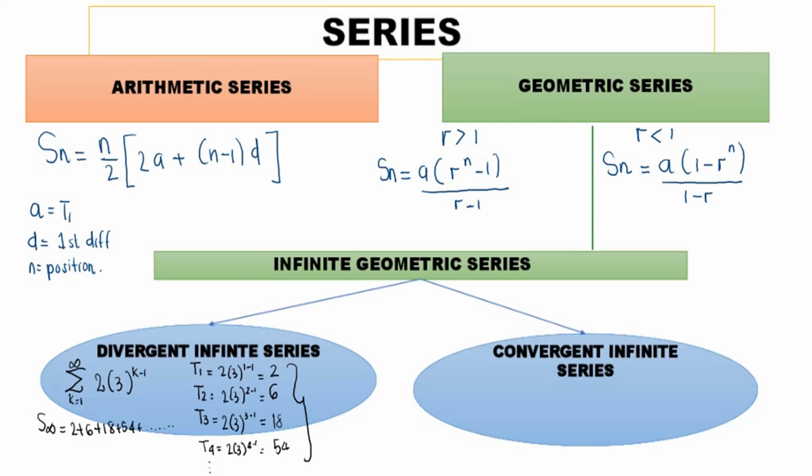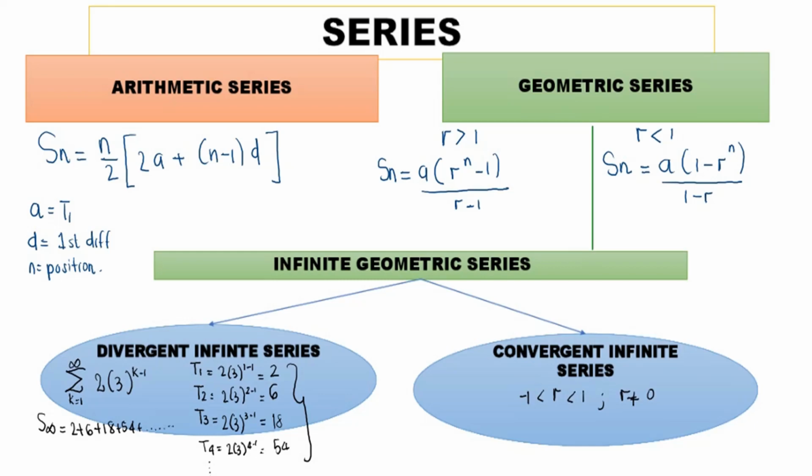So you're given an infinite geometric series, and you find that the value for r will be between -1 and 1, and it is also not equal to 0. And when you see that the infinite geometric series you're given has a value of r that is between -1 and 1 and not equal to 0, then we can confirm that this series is a convergent infinite geometric series.